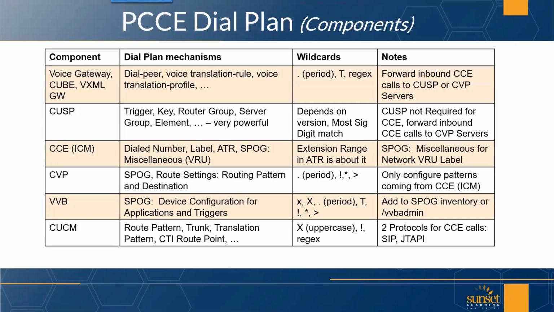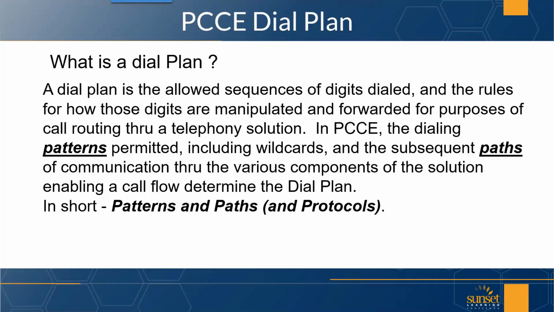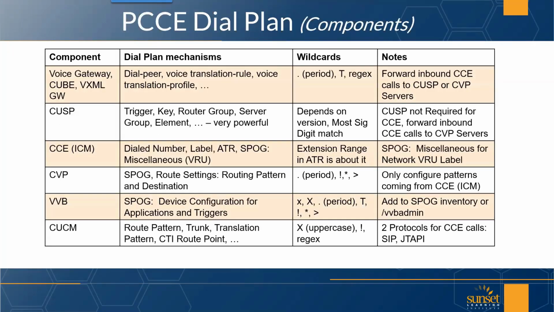If we look at the components in our system, I might have skipped a slide here, just excuse me. If you look at the components in our system, this table defines the role and the mechanisms per component of those devices, and also gives us an insight into a number of the wildcards that these products support.